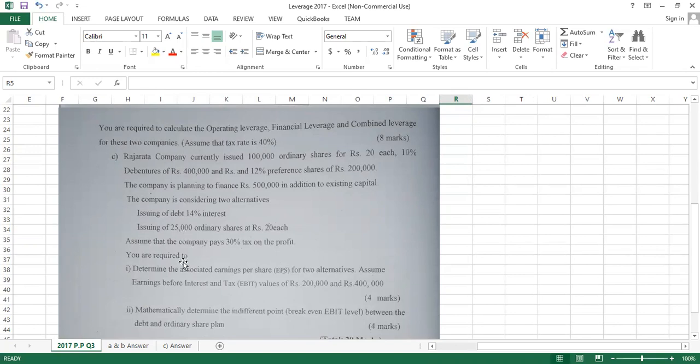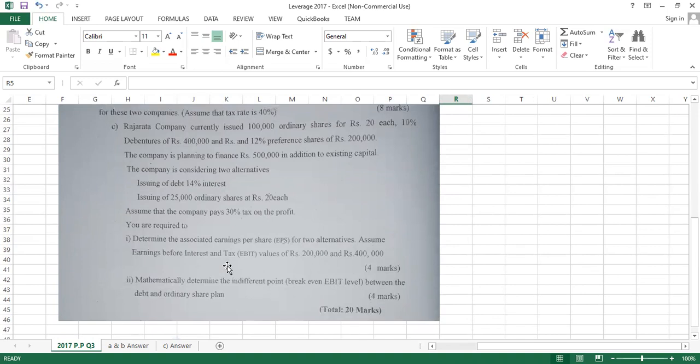They also say to assume that the company pays 30% tax on the profit. They ask two questions. First one is to determine the associated earnings per share for the two alternatives, assuming earning before interest and tax values of rupees 200,000 and 400,000.